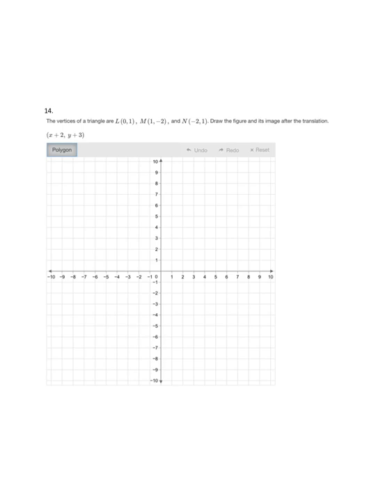Okay, on number 14, I have the same original triangle I started with, which is 0, 1 is L, 1, negative 2 is M, and negative 2, 1 is N. So here's my original triangle. This time, instead of being told to move left or right, I have x plus 2 and y plus 3.